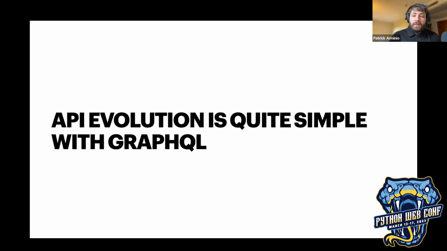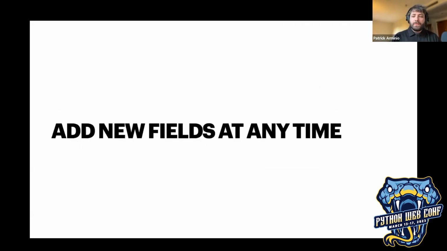On top of that, I think that the API evolution is quite simple with GraphQL. For example, you can add new fields at any time, and you're going to know that this is not going to affect any of the existing clients. This new field is only going to be used by clients that are going to request it.